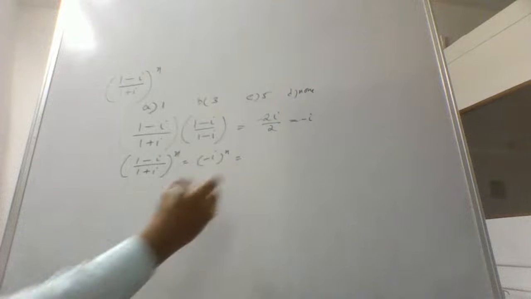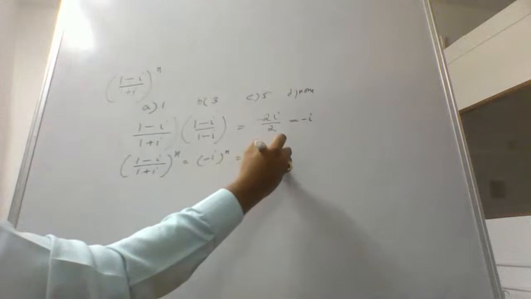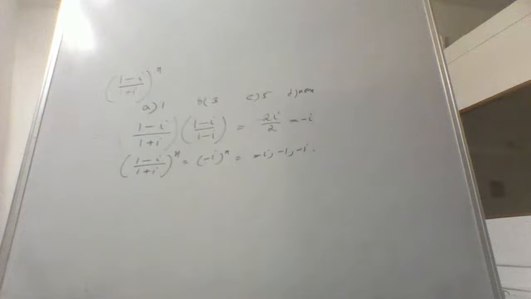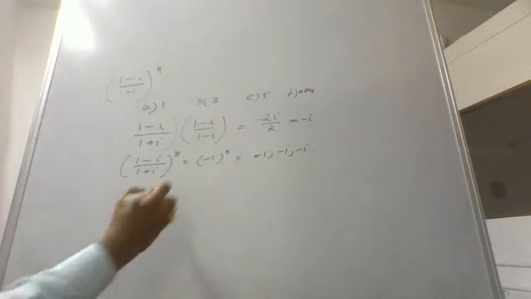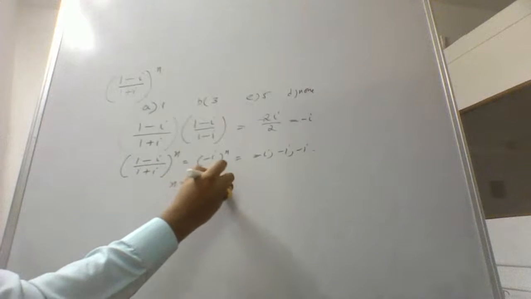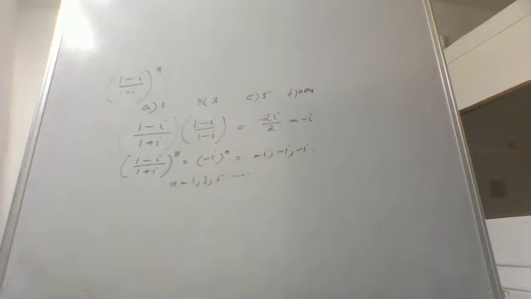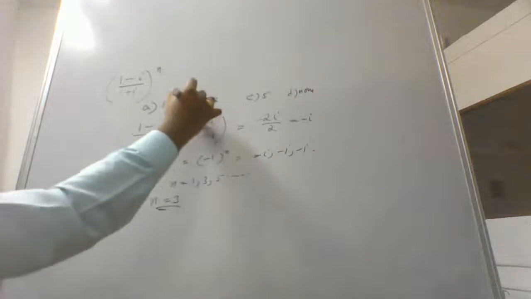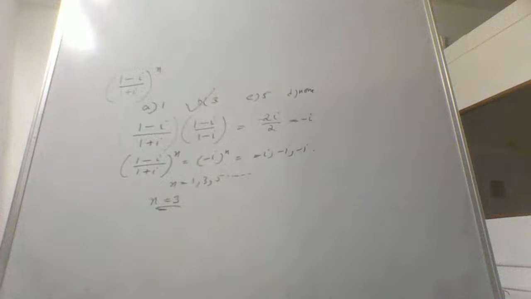So this would be minus i, minus i, minus i, and so on, respectively, for n is equal to 1, 3, 5. Hence, the smallest positive integral value of n should be n is equal to 3. So the choice is B here. I hope you understood this. Let me move on to the next problem here.